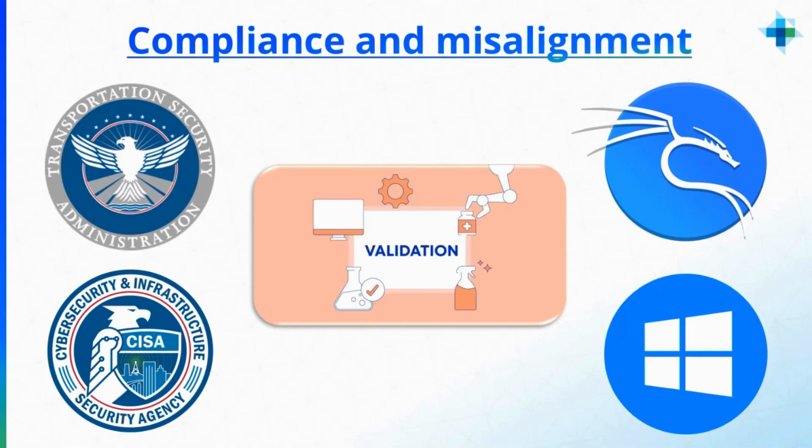Now on the more technical side, we have platforms like Kali Linux, which is commonly used for security testing, exploration, and vulnerability discovery, showing how attackers and defenders can analyze OT networks. And finally, we have Windows environments, which receive frequent security updates. This highlights a key difference between IT and OT, as IT systems are updated regularly, while OT, like PLCs, historically are not.